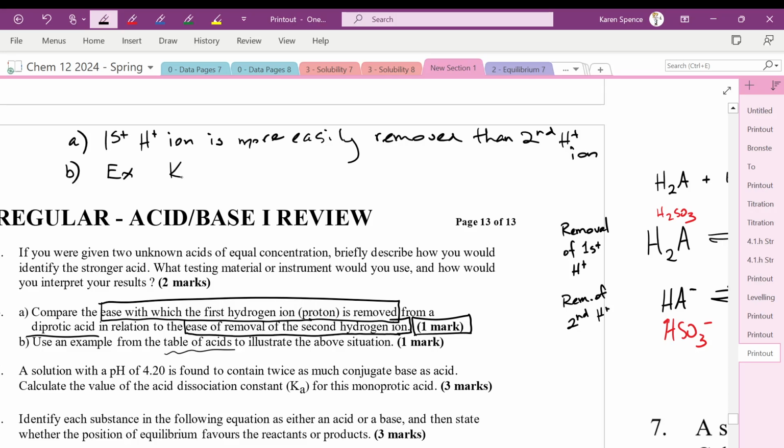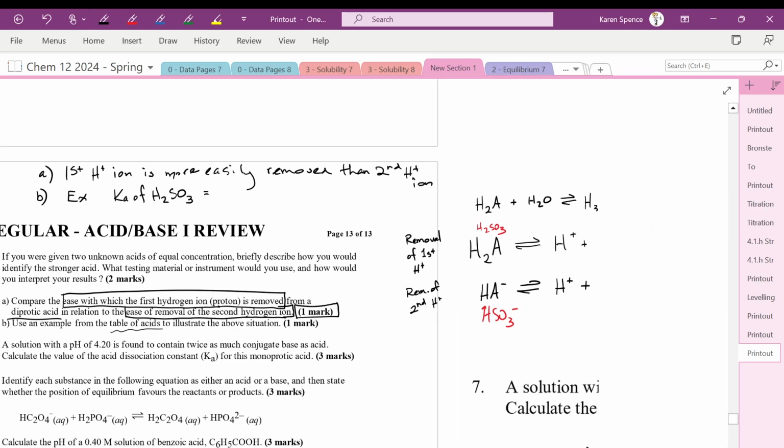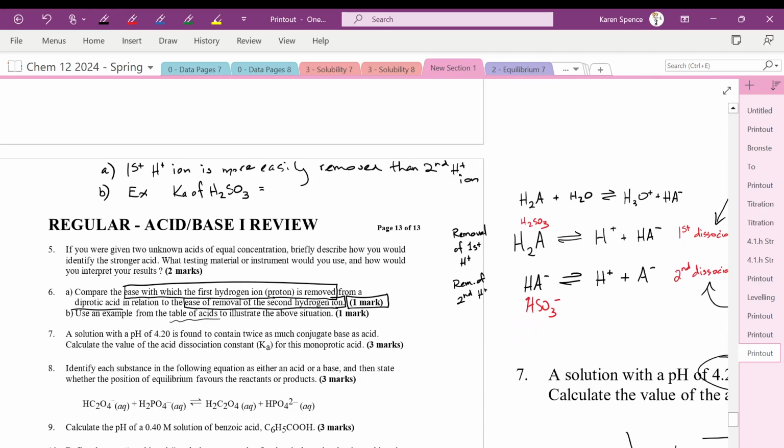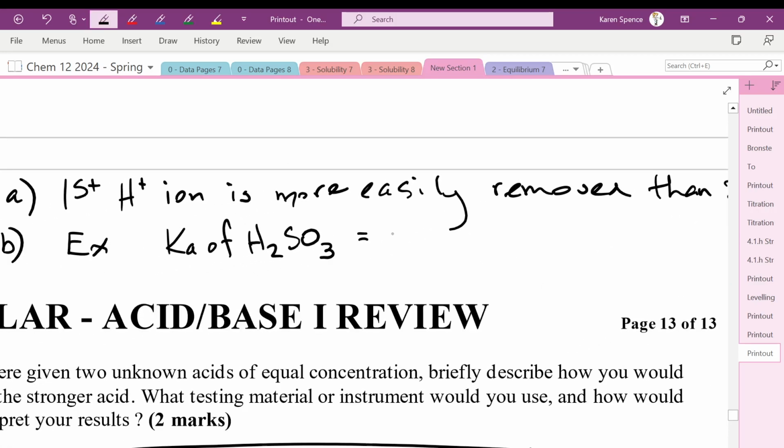For example, the Ka of H2SO3 is equal to 1.5 times 10 to the negative 2, and the Ka of HSO3 minus is equal to 1.0 times 10 to the negative 7.